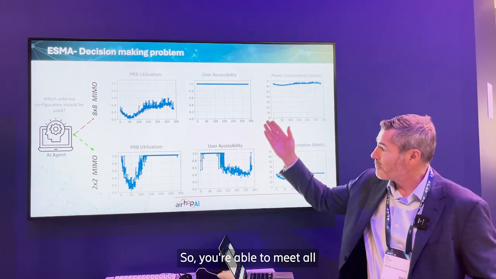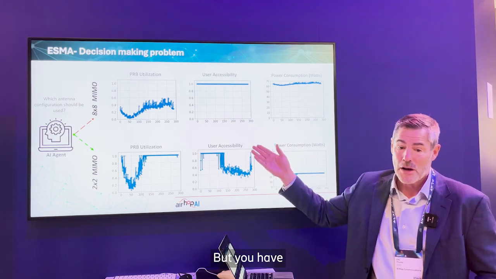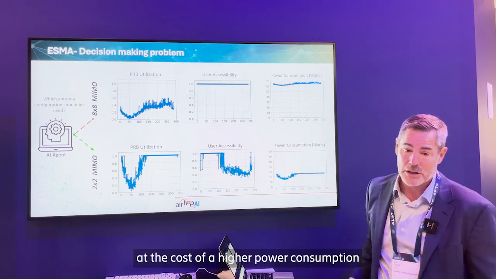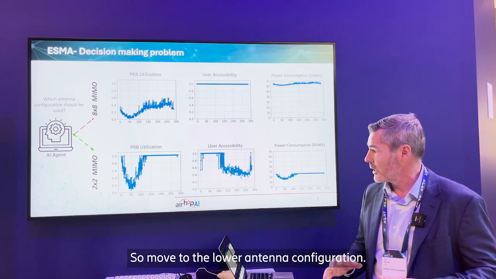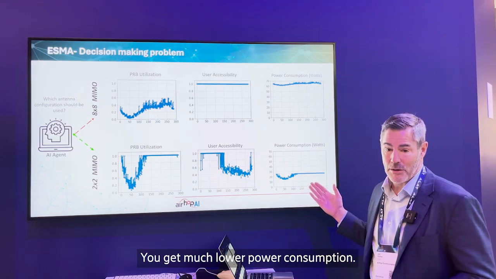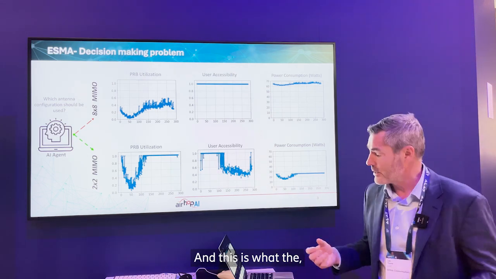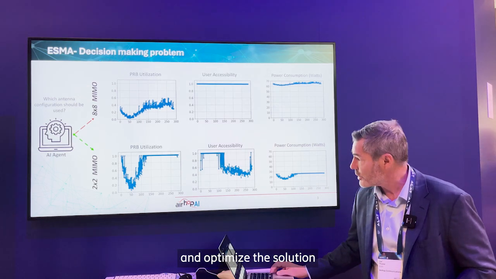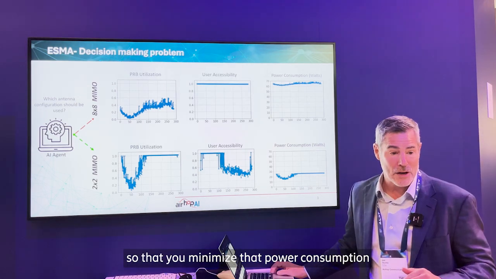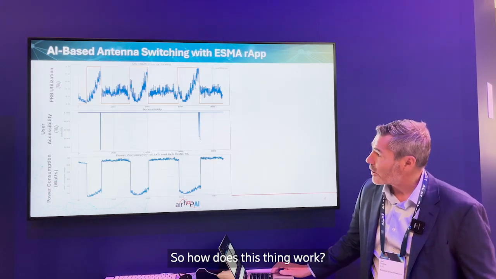You're able to meet all the requirements in terms of capacity and user quality of experience, but at the cost of a higher power consumption with the higher antenna configuration. Move to the lower antenna configuration, you get much lower power consumption. Obviously, it's not always available to meet the overall traffic demand, and this is what the rApp is trying to do: learn these and optimize the solution so that you minimize that power consumption and not degrade your user quality of experience.